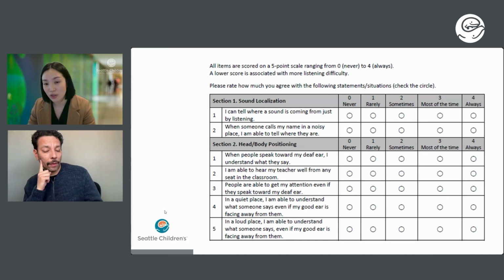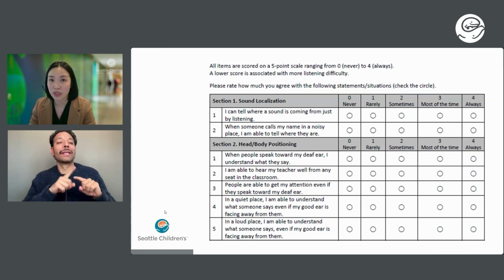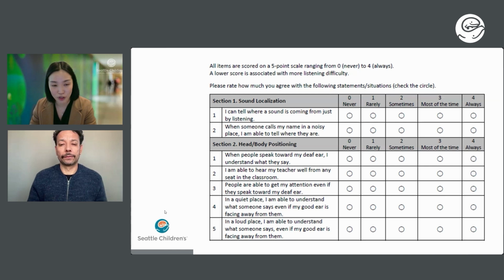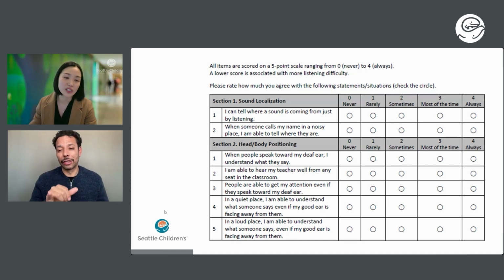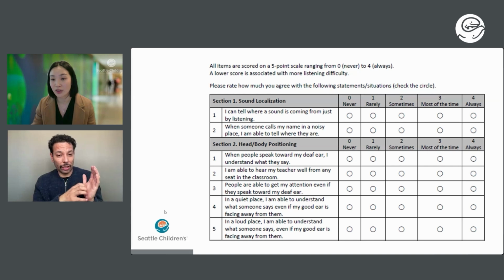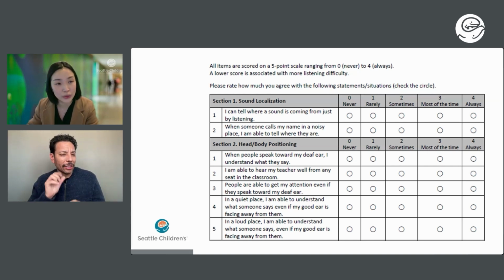These are nuances that are very important for this population because their listening skill and ability really does depend on position of the speaker, whether someone's talking into their deaf ear or their good ear, even anecdotally as well as in behavioral measures, right? So this section really gets to the nuances of their difficulties and their unique listening challenges with hearing loss just in one ear.